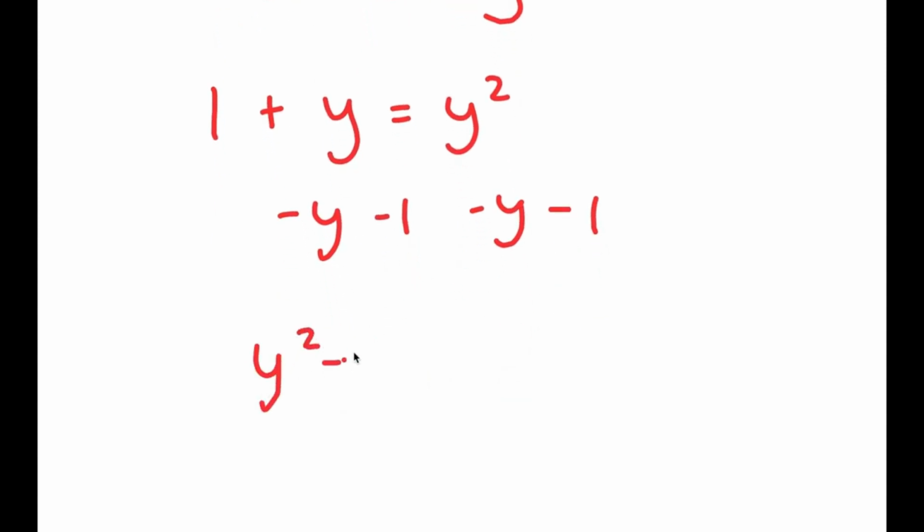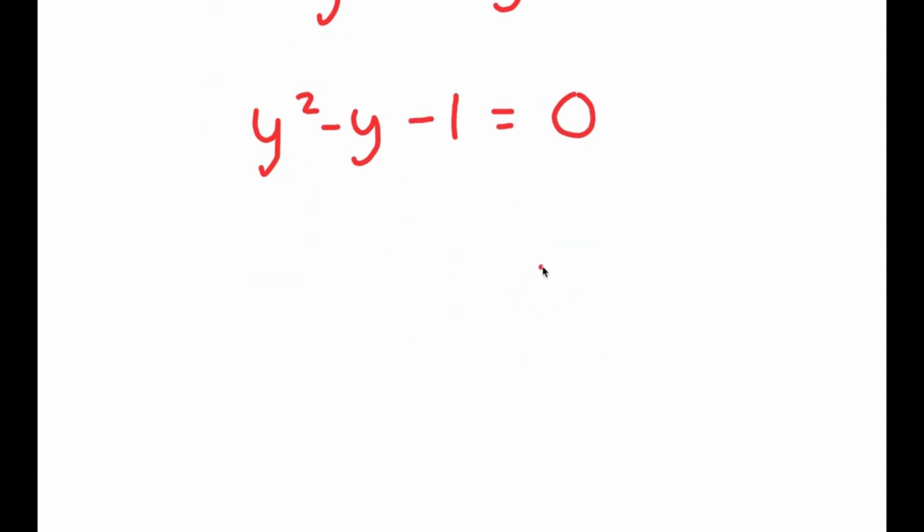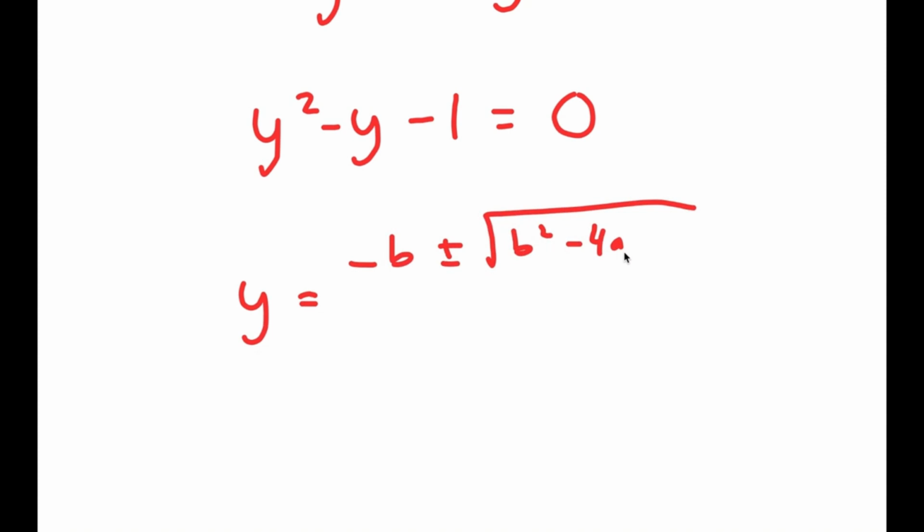So I get y squared minus y minus 1 is equal to 0. Now, what we have here is a quadratic equation. And to solve this, I'm going to be using the quadratic formula, which is negative b plus or minus the square root of b squared minus 4ac all over 2a.